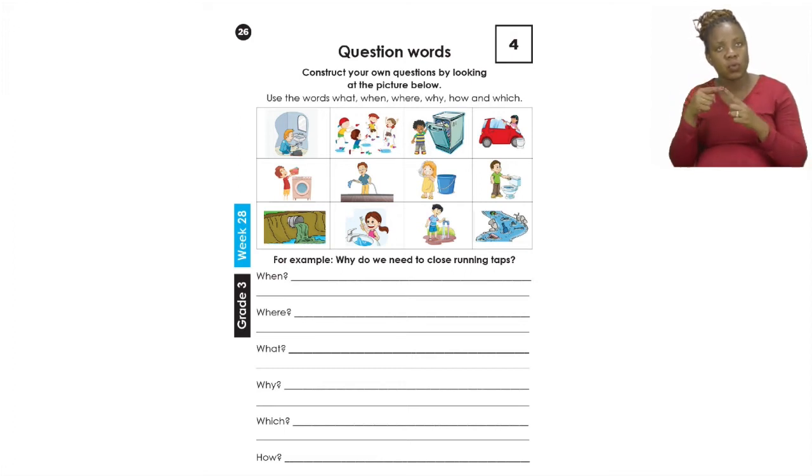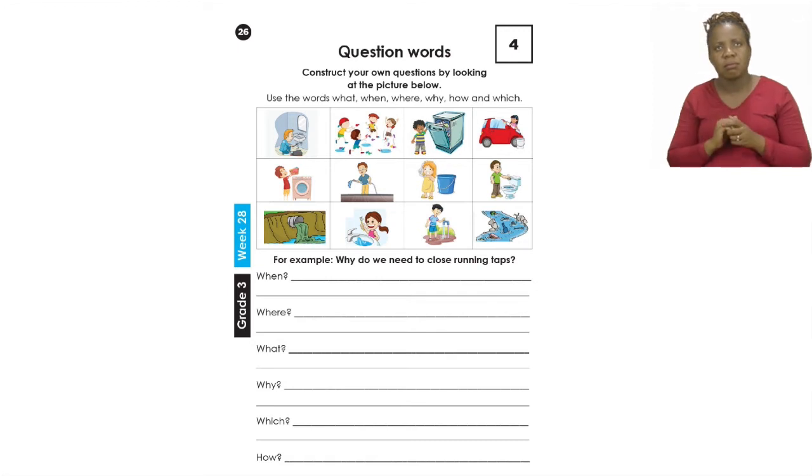Okay. If you follow, let us look at the first word. The first question word is the word when. Right. Now, I'm going to choose a picture and make a sentence that can help you as an example. Now, at the bottom of the page, in the last row, can you see the last row?